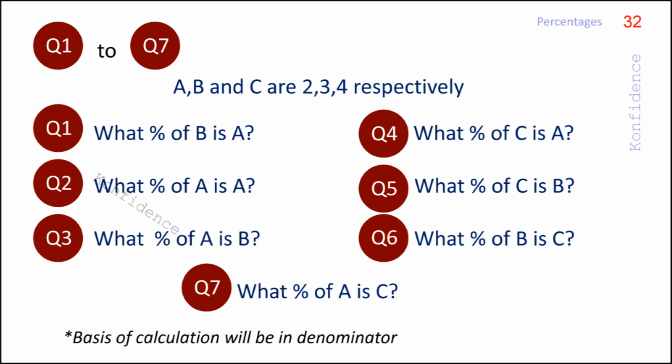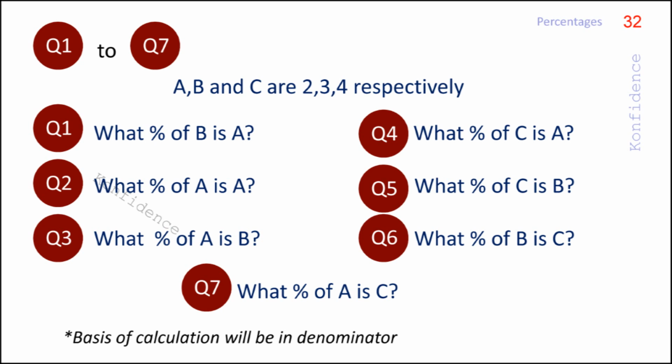A, B, and C are 2, 3, and 4 respectively. Q1. What percentage of B is A? Q2. What percentage of A is A? Q3.